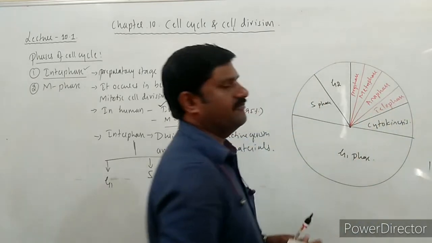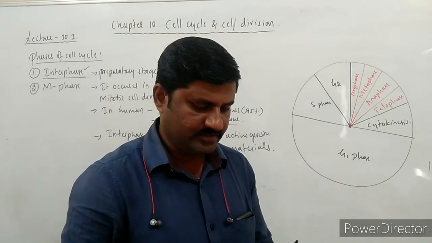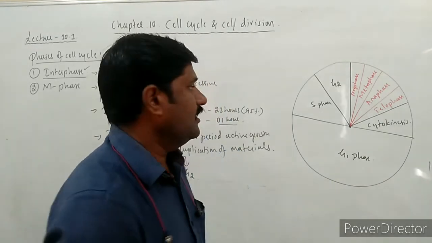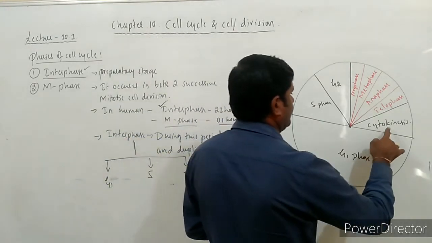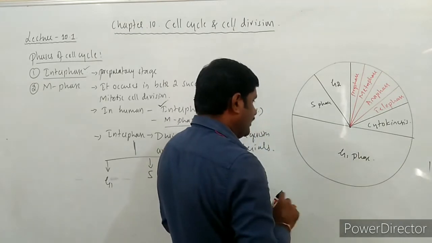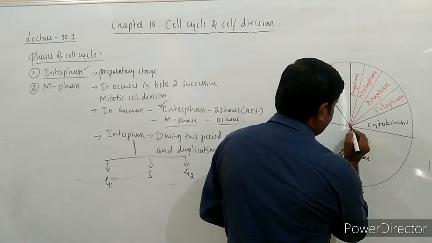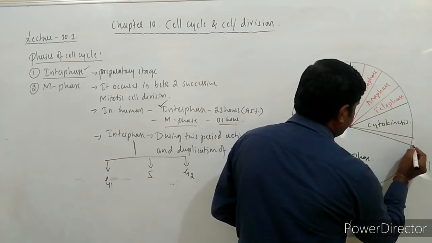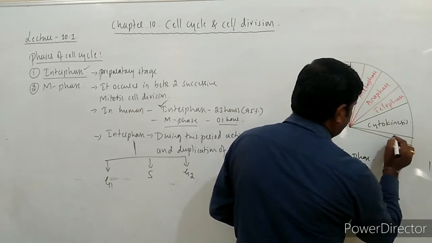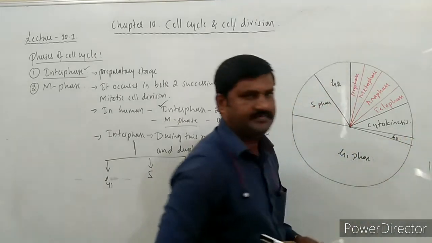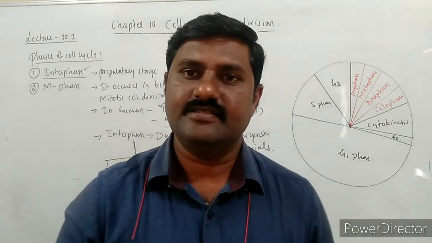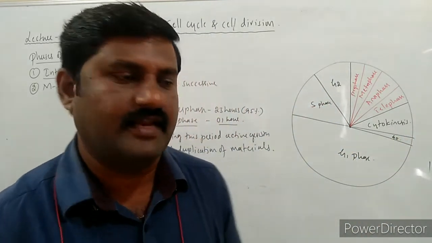There are 4 phases that we come across over here, right? After that, it is followed by cytokinesis. And one more thing you must remember: after cytokinesis, you come across a small period, that is G0 phase. G0 phase is the resting period of the cell.